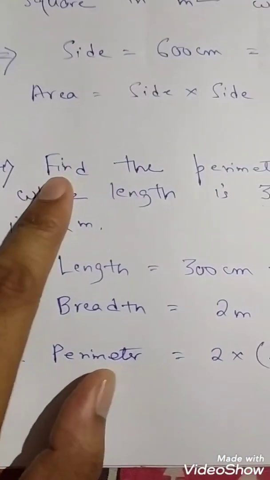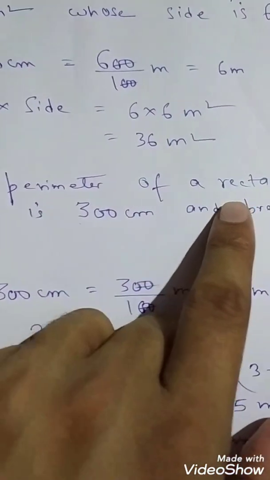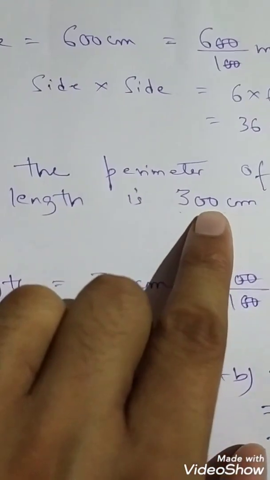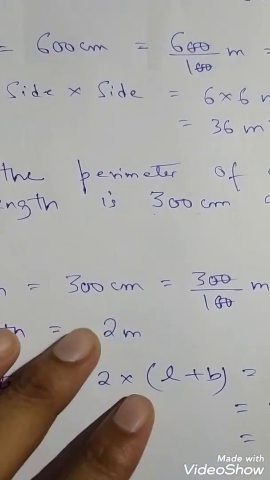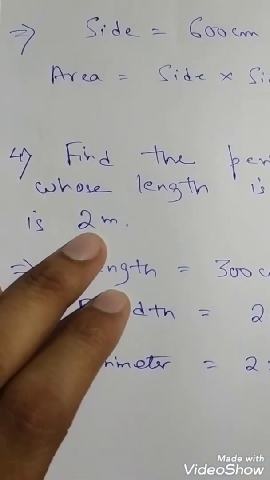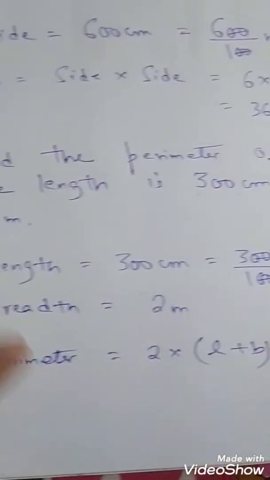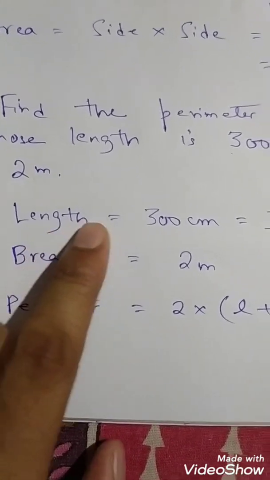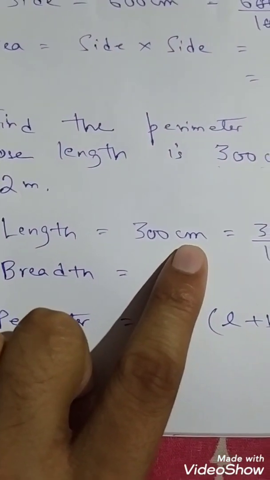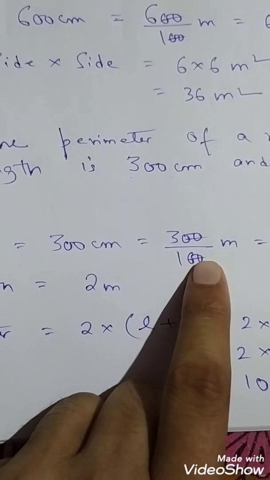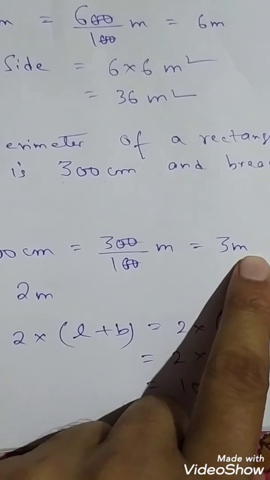The last question is: find the perimeter of a rectangle whose length is 300 centimeter and breadth is 2 meter. Here, see, length is given in centimeter and breadth is given in meter. So what I have done is converted 300 centimeter into meter, dividing by 100, so it is 3 meter.